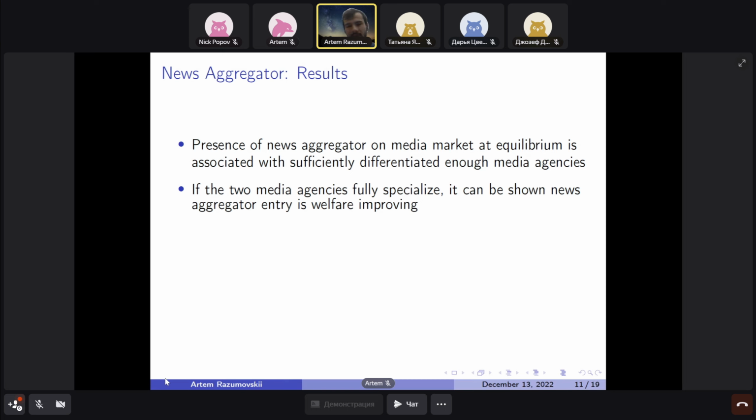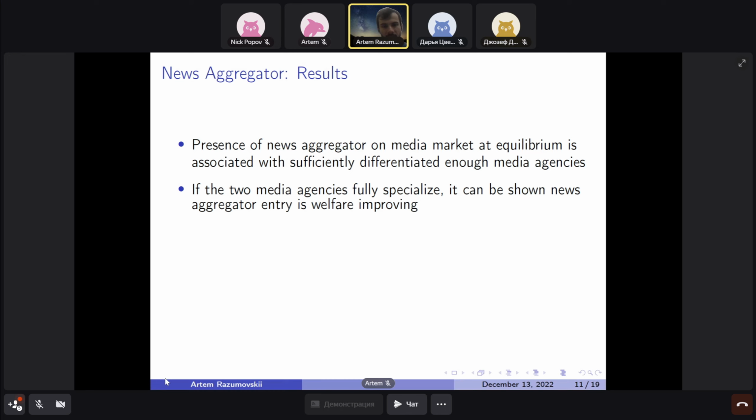If we have maximal differentiation on the market, which means that agencies produce different high topics, then it is better for the agencies in between, those in the middle of the interval, to join the aggregator.